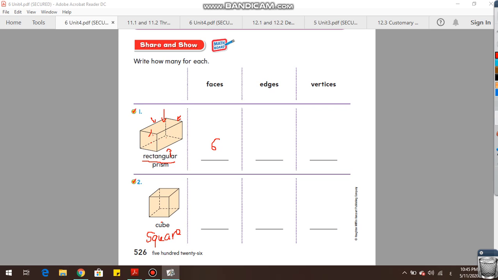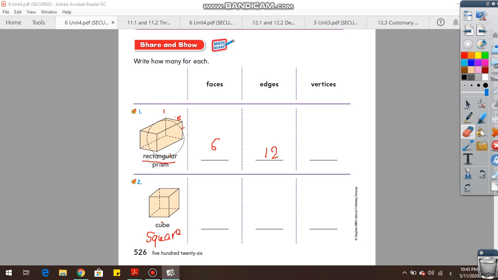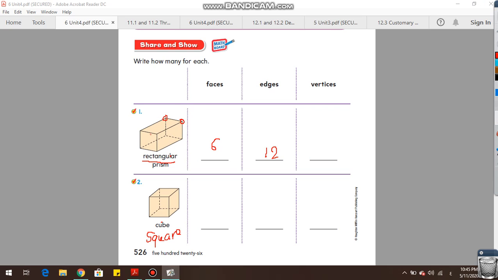Let's count. 1, 2, 3, 4, 5, 6, 7, 8, 9, 10, 11, 12. And how many vertices? Vertices means corners, so let's count the corners. 1, 2, 3, 4, 5, 6, 7, and 8.